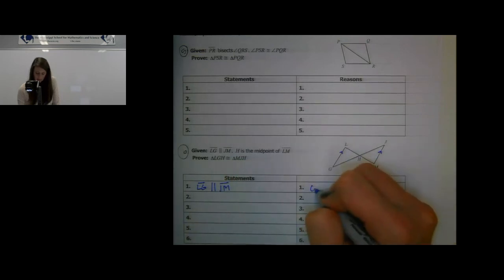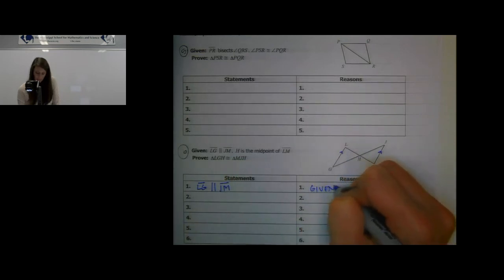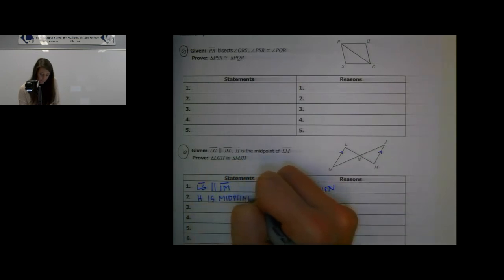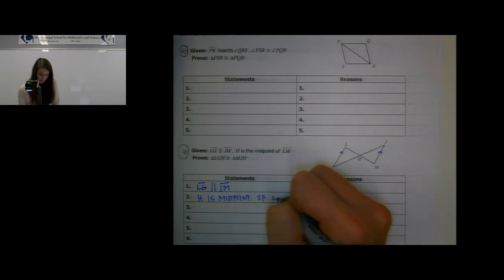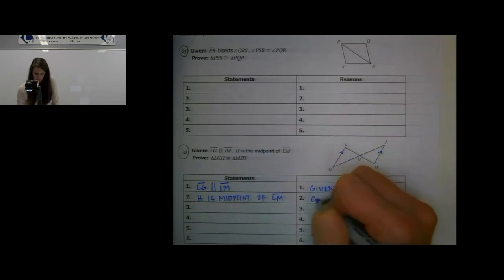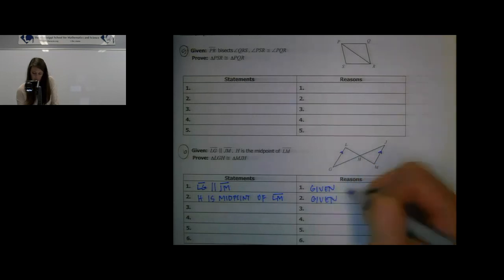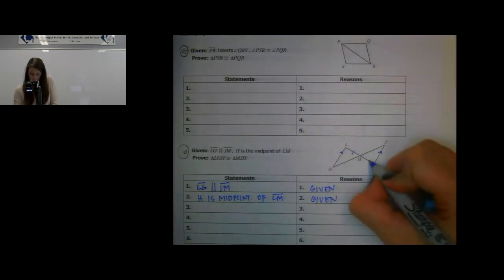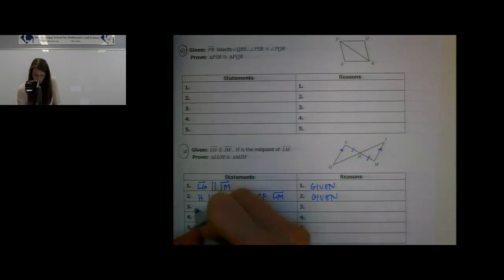So that was given. Also, H is the midpoint of LM. So that's given. All right, so what does that mean? So H is the midpoint of LM, so that means that these two sides are going to be congruent, right? So side LH is going to be congruent to side HM.